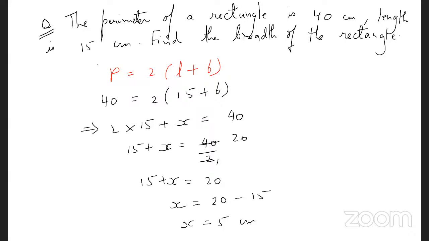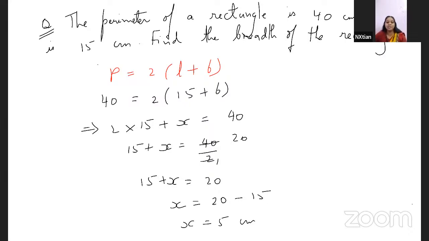It's given 8 centimeters in the book. Ma'am, the book did a mistake. It first says in the question the perimeter is 40 centimeter, then it took 46 and solved it.